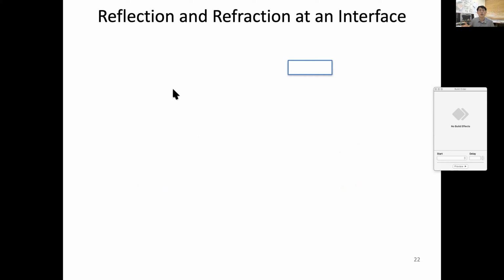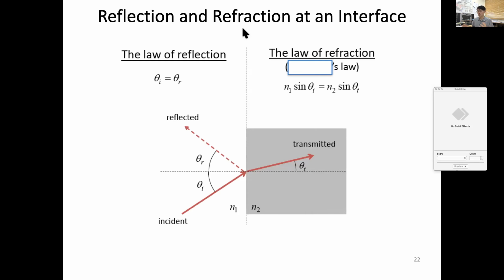For that, we need to seek out what kind of optical element can actually focus the light down, and also the property of how light interacts with an optical element. The basic one is reflection and refraction at an interface when a wave, in this case light, interacts.